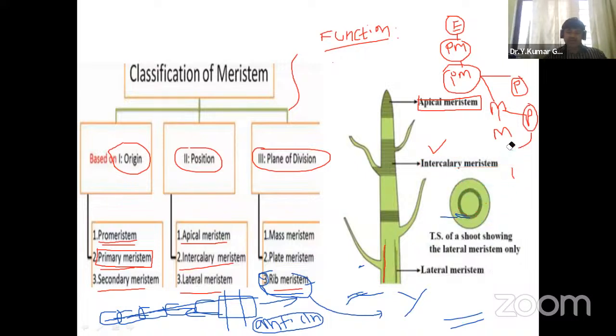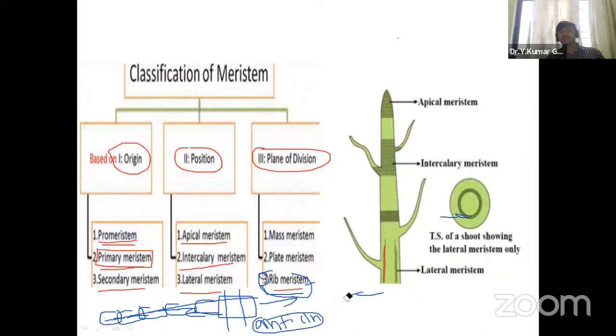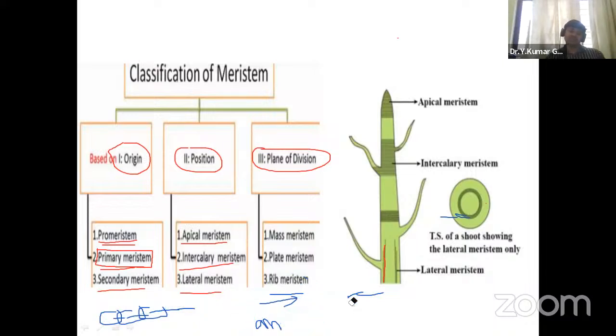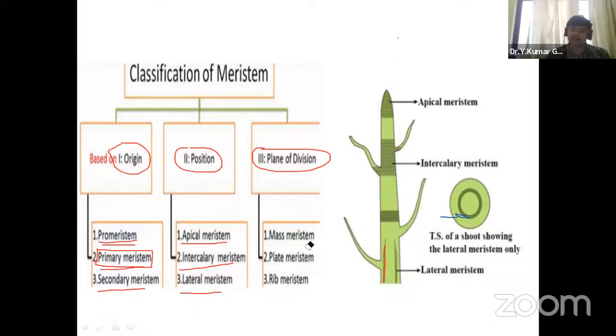If you take internal, what is next? You tell me, what are the internal parts? Someone told earlier. Internal parts of the stem and roots. Cortex, sir. Right.